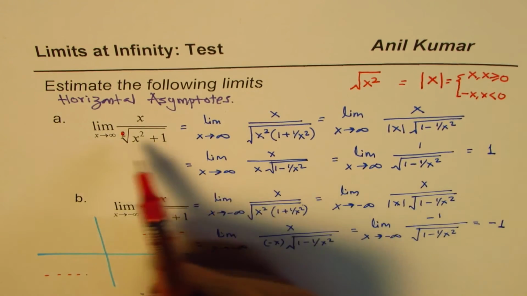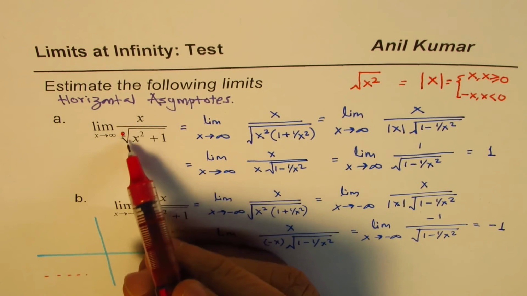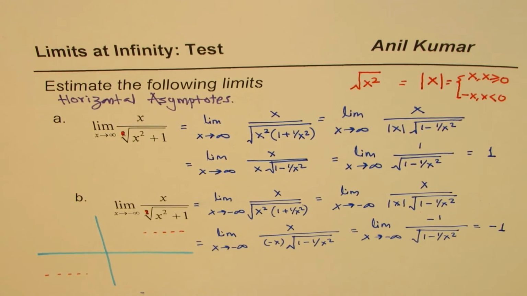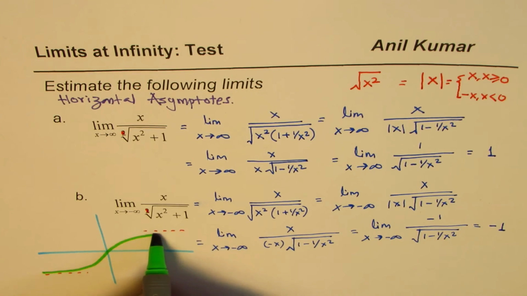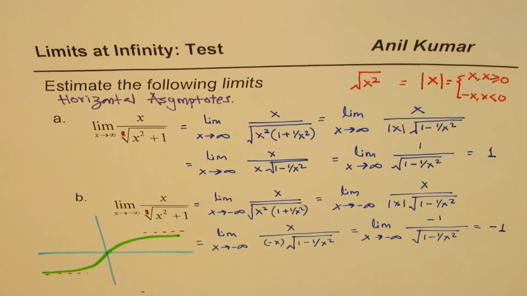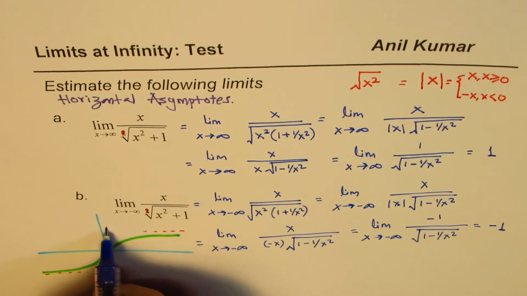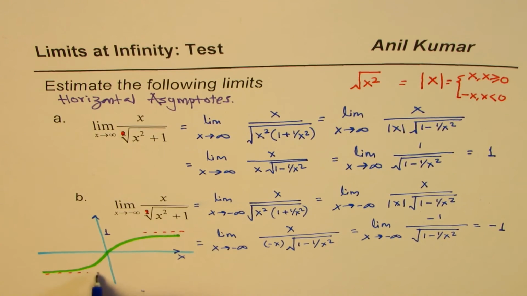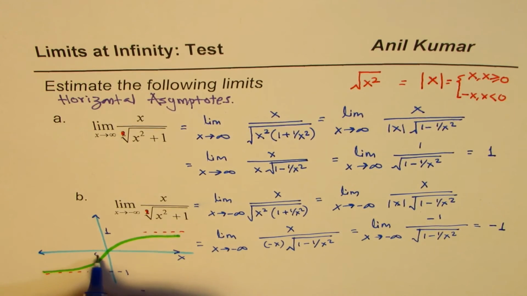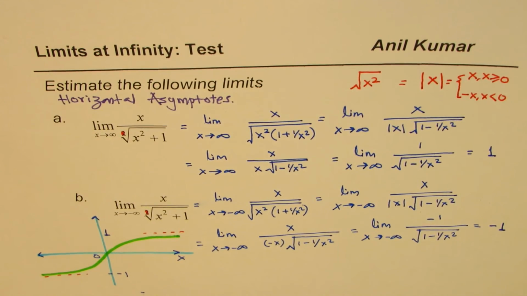If I substitute here 0, it will be 0, right? So the graph will be, okay, approximately, I'm not really getting into details of this, but kind of like this, where it approaches 1 as x approaches positive infinity, and it approaches minus 1 when x approaches minus infinity. Is that clear? So that is how we are going to get the graph of this function.